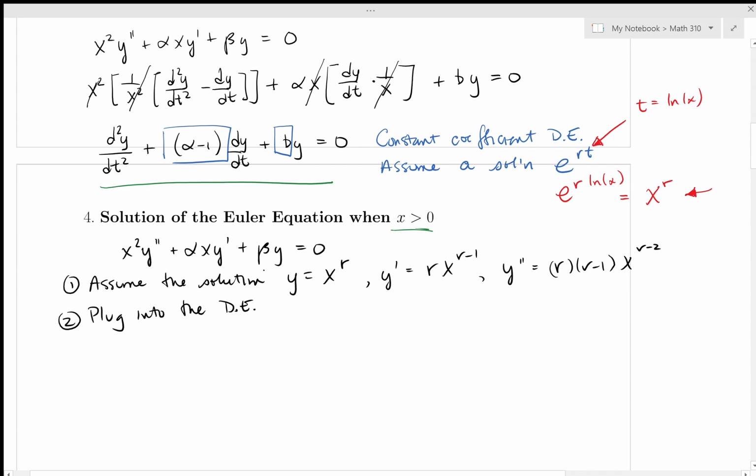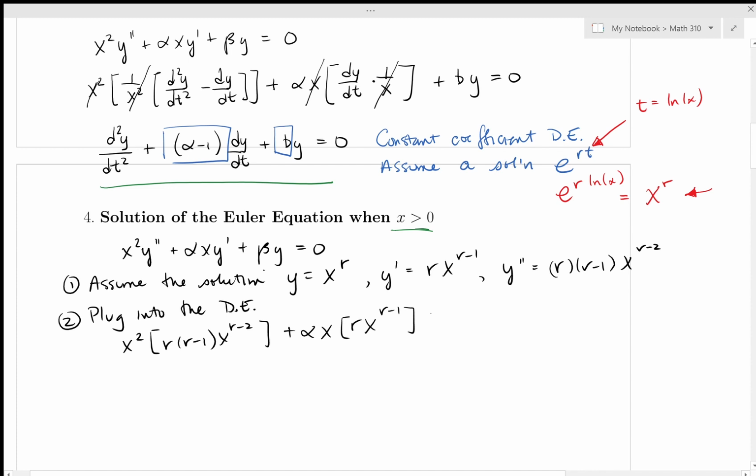Okay, so that's going to be x squared times y double prime, r times r minus 1 x to the r minus 2, plus alpha x times y prime. What is y prime? That is r x to the r minus 1.